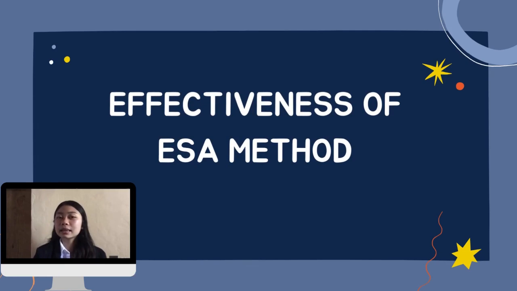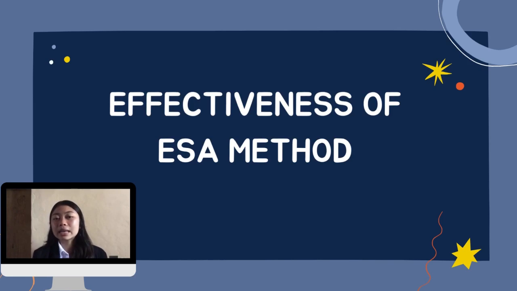Next is the alternative PPP to the ESA method. The definition of the ESA method is engage, study, and activate. ESA is the most effective teaching methodology. Teachers who use ESA can productively organize their lessons.